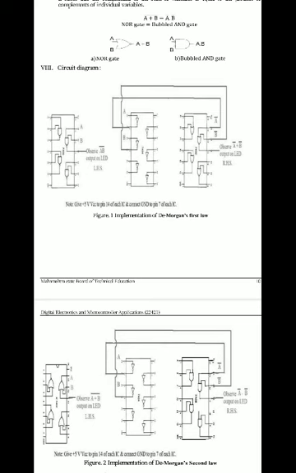Then we are using the 7408 AND gate IC, which is combined with the 7404 NOT gate IC. So we get the bubbled AND gate.